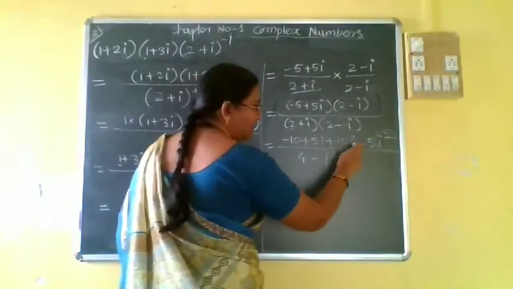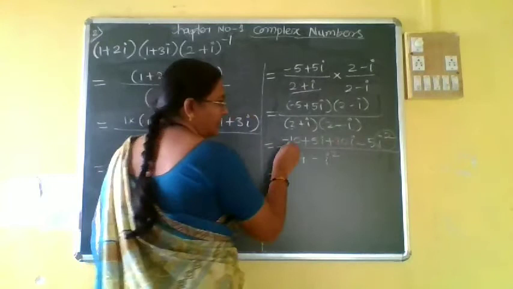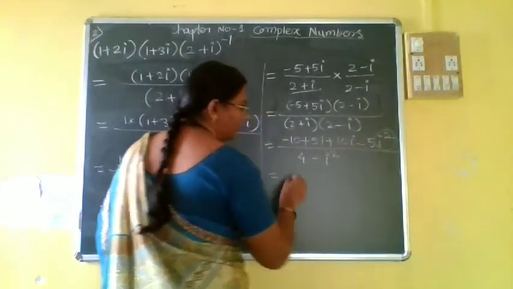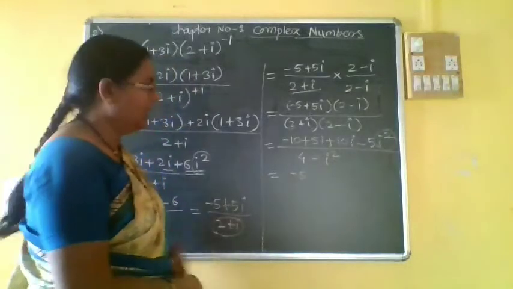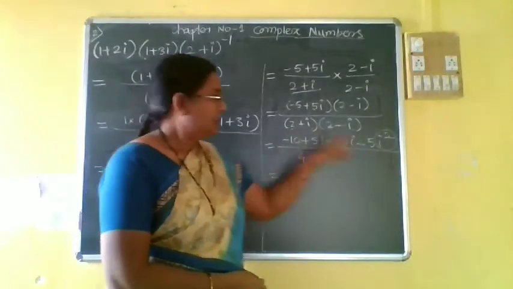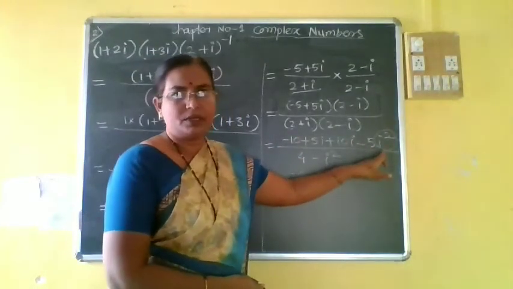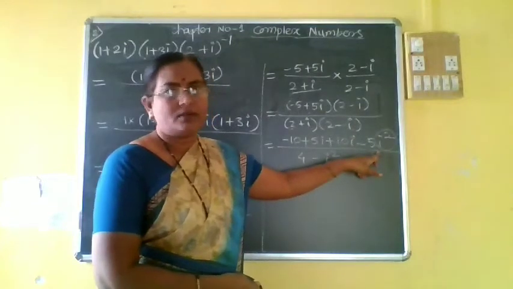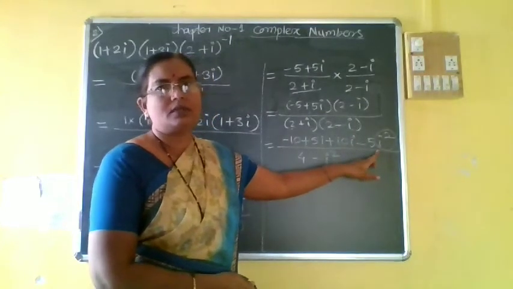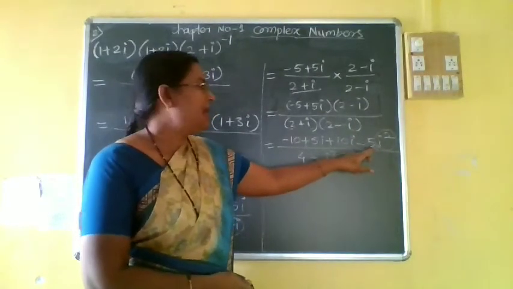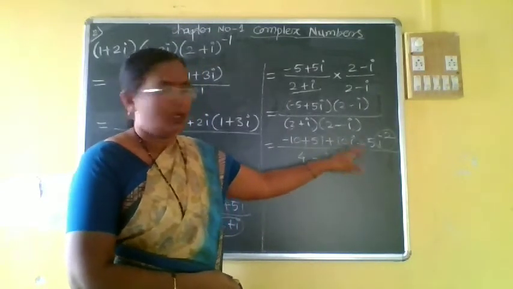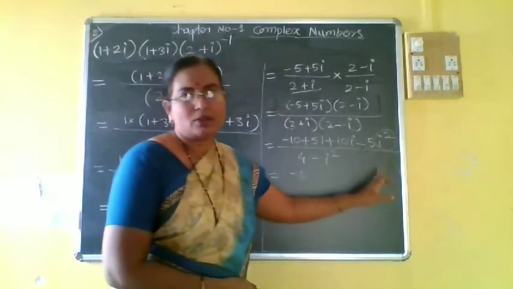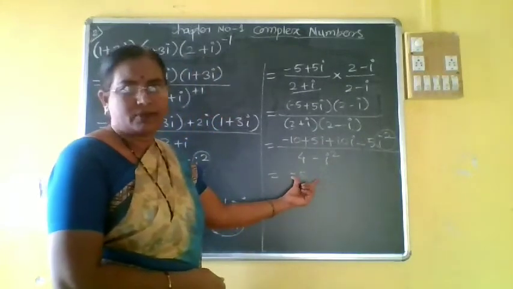Minus 1 with this minus becomes plus. Minus 10 plus 5 becomes minus 5. Then this minus 5 into i square, and the value of i square is minus 1, and minus 1 into minus 5 becomes plus 5. Minus 10 plus 5 becomes minus 5.